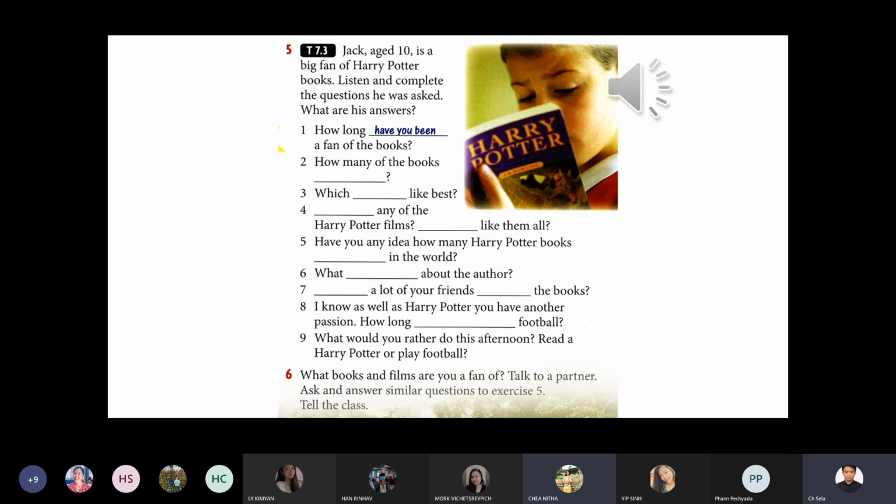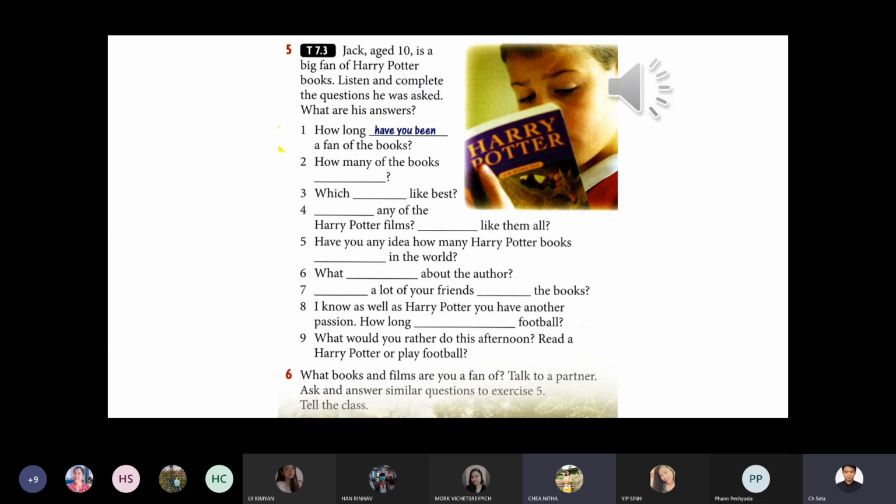Yes, teacher. Number one, how long a fan of the book? Two, how many of the book? Three, which like the guys? Four, any of the Harry Potter film? Five, have you any idea how many Harry Potter books in the world?